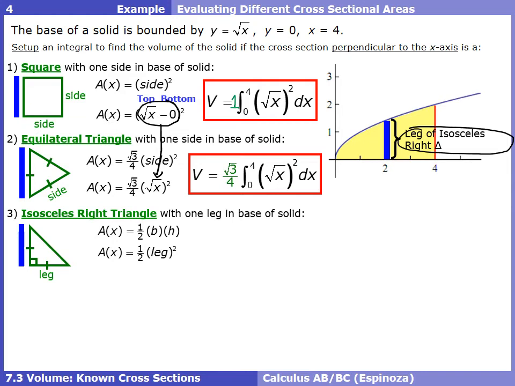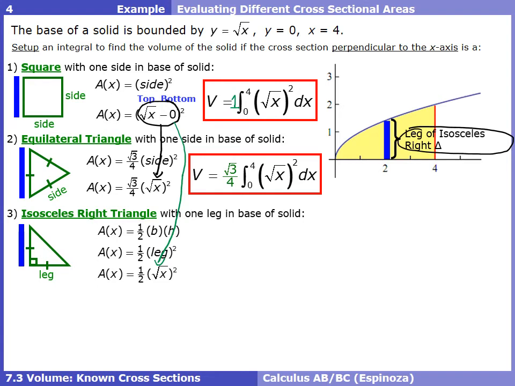Luckily, the leg corresponds to the length of our representative rectangle, as you can see in the one that we have here on the side. And just like you saw from the first two examples, I'll put another arrow going down here, we know that the area of this isosceles right triangle is the square root of x minus 0, top minus bottom, squared, times 1/2.